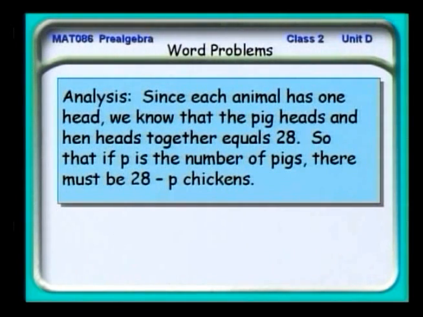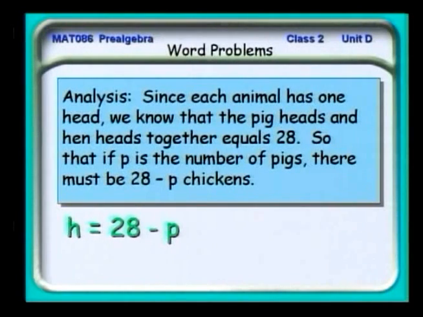Let's analyze this. We know that each animal has one head, so that the pig's heads and the hen heads equals 28. So since there's one head per animal, there are 28 animals all told. So if there are p pigs, the number of chickens must be 28 minus however many pigs there are. And that's going to be useful information.